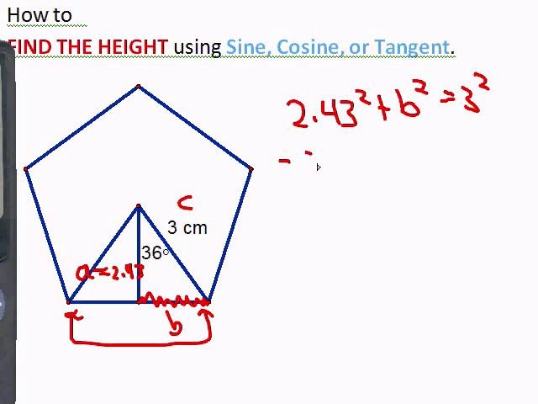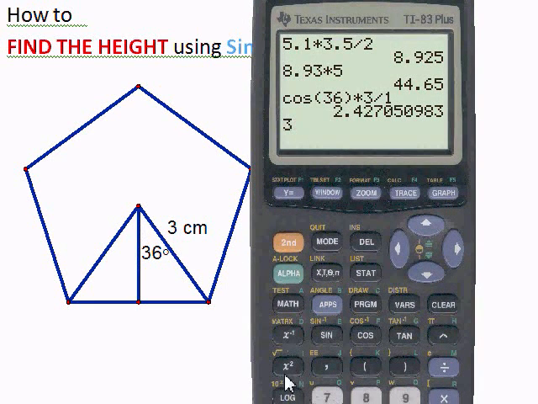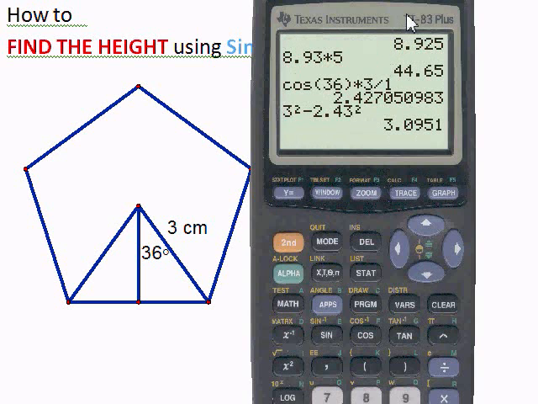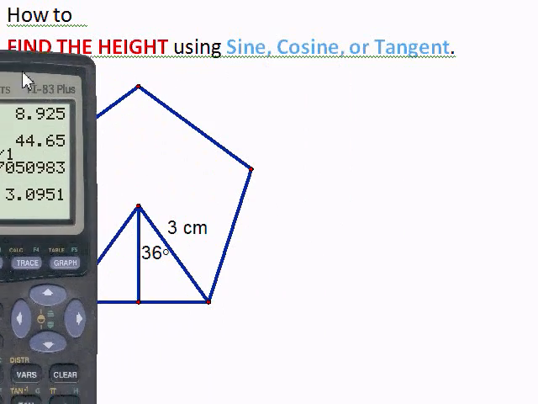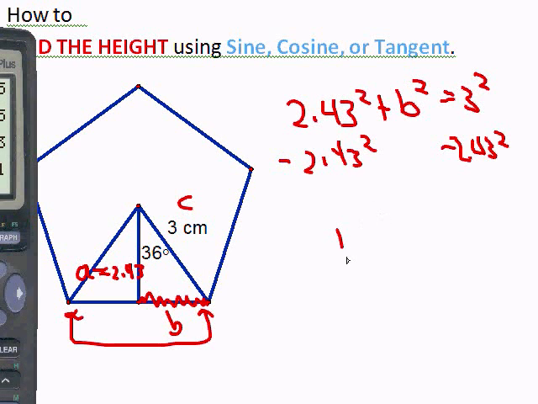We're going to subtract 2.43 squared from both sides, so 3 squared minus 2.43 squared gives us 3.1. So far we know b squared is equal to 3.1. To get b by itself, we take the square root of both sides.